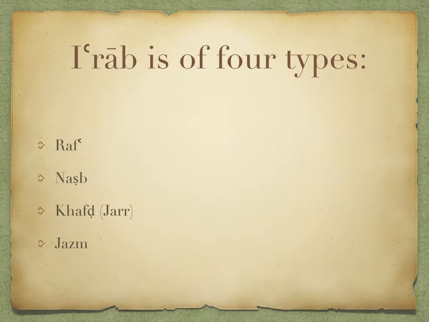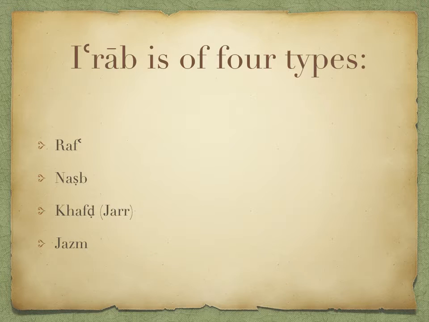That's why we saw earlier on, it's one of the ways of identifying an ism: looking, is it majroor? Does it have khafd or not? And jazm, which literally means to be firm on something, means that there's no vowel, right? And this is specific to verbs, as a state of i'rab.